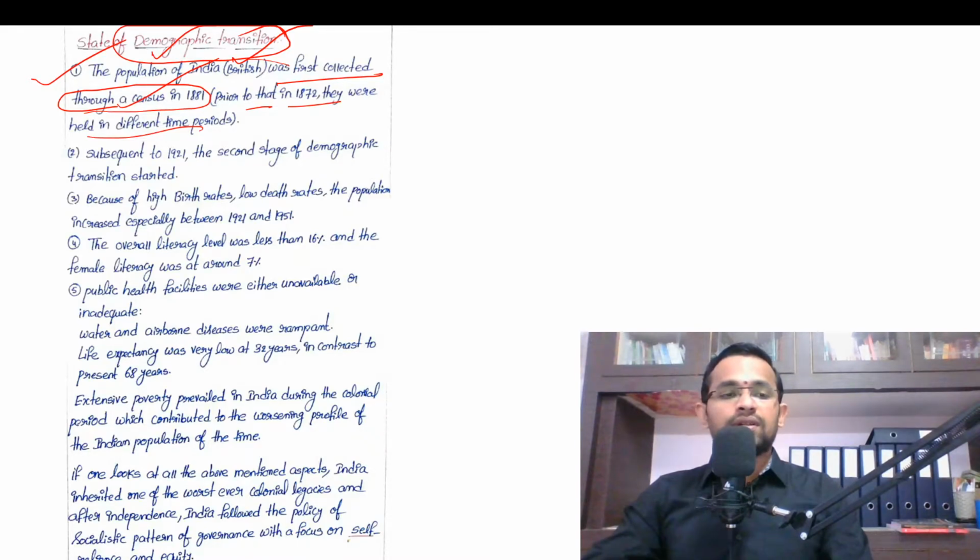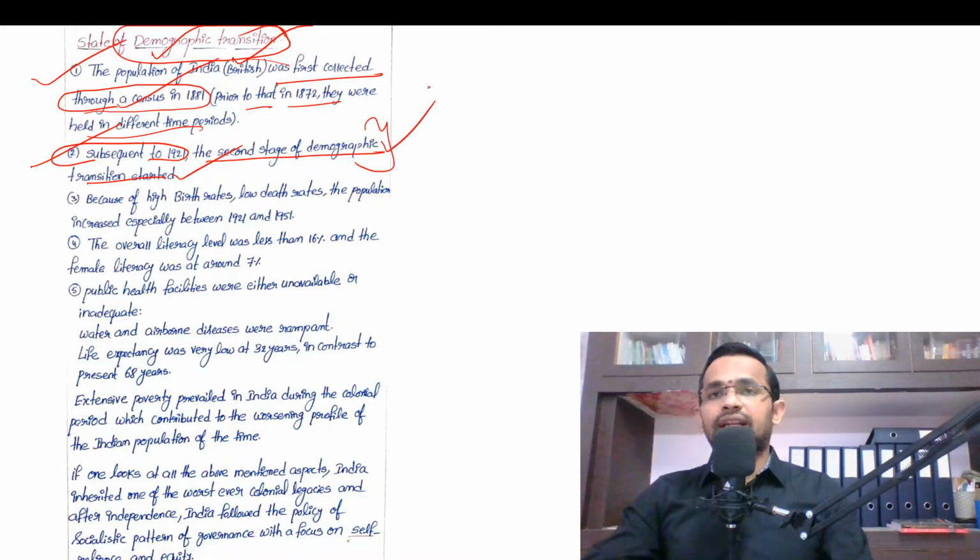Right. Subsequent to 1921, the second stage of demographic transition started in India. There is a theory which explains the patterns of the population, called demographic transition theory.